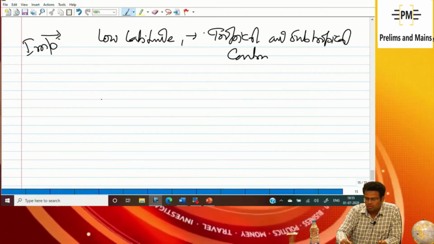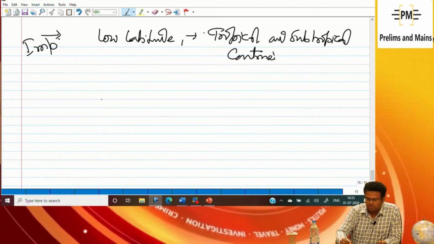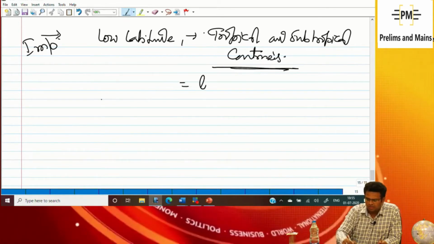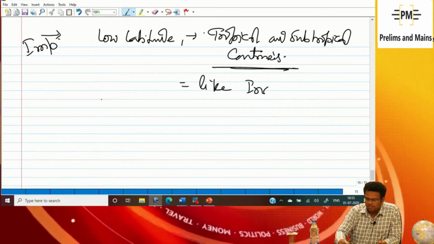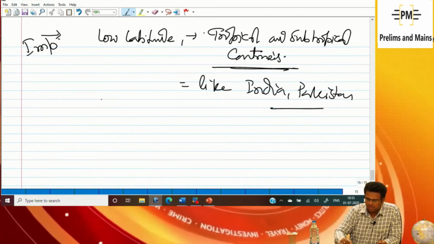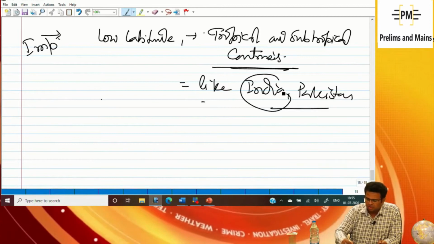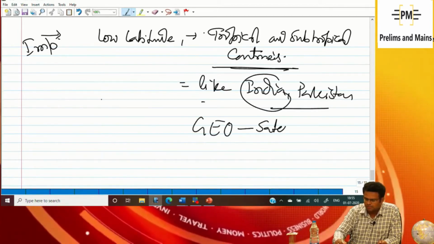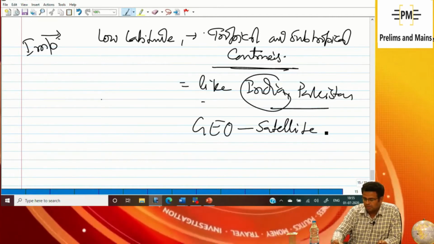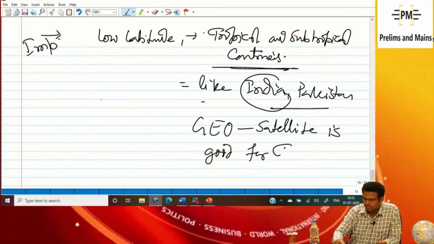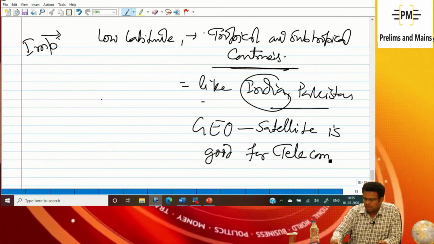Perhaps all of you know what tropical and subtropical are. Then in the low latitude, like India, Pakistan, the geosynchronous earth orbit satellite is good for telecommunication.